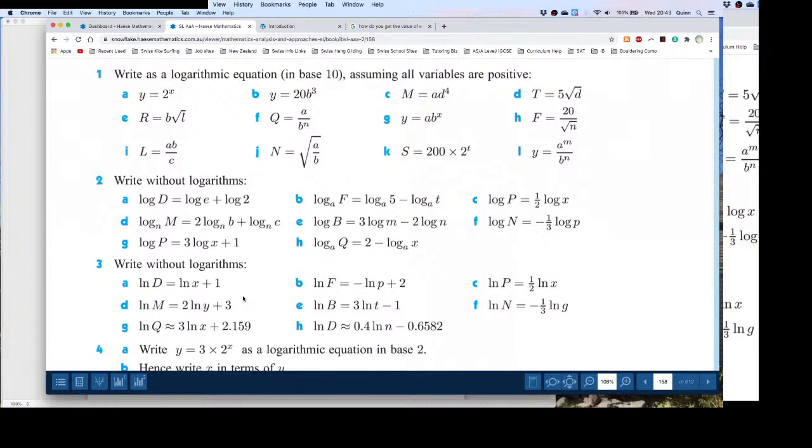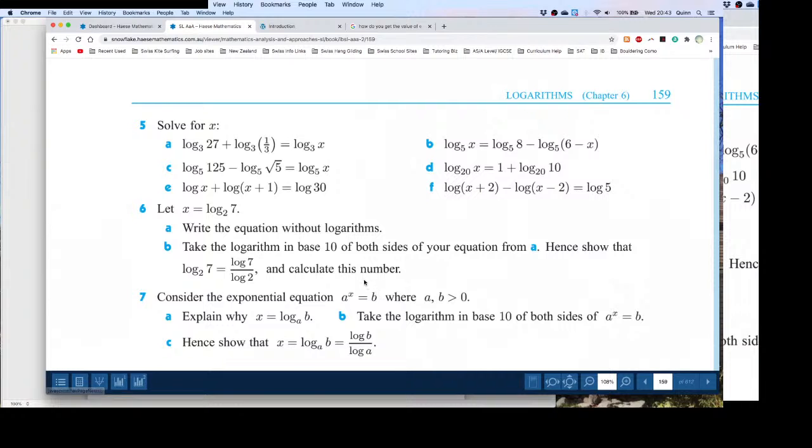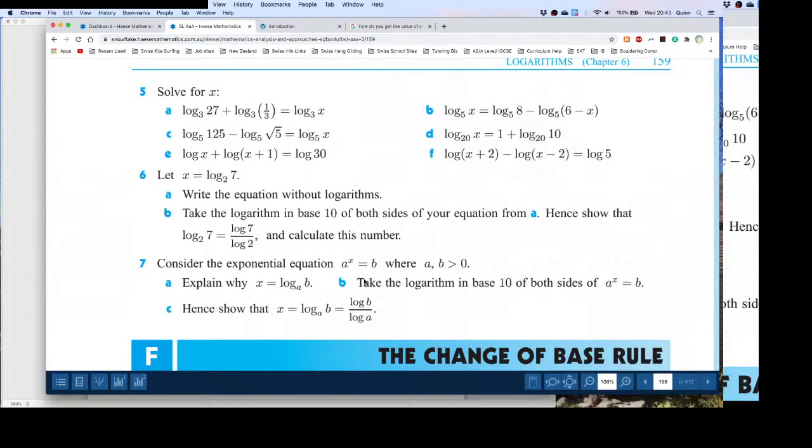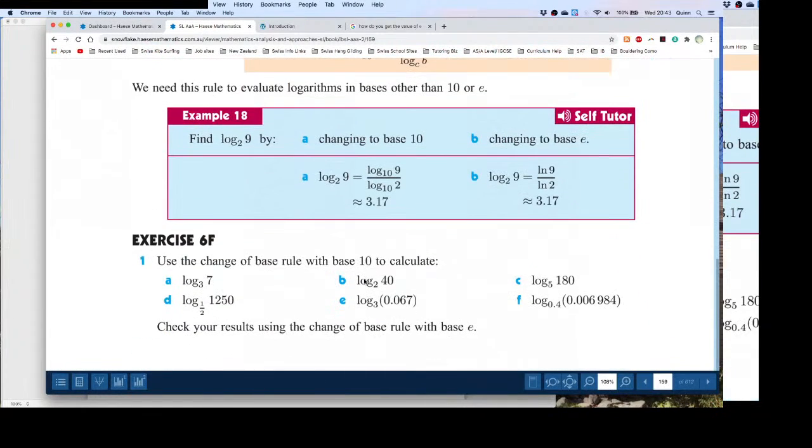Try and do a difficult trigonometry log question. Okay. I have to try and find one. Let's see. Change of base rule.